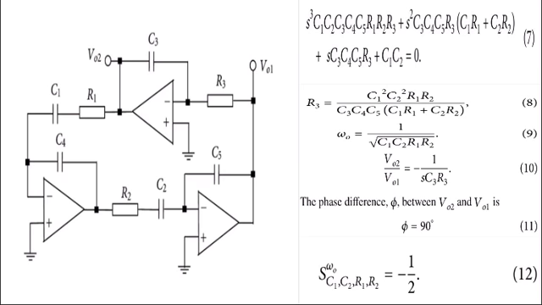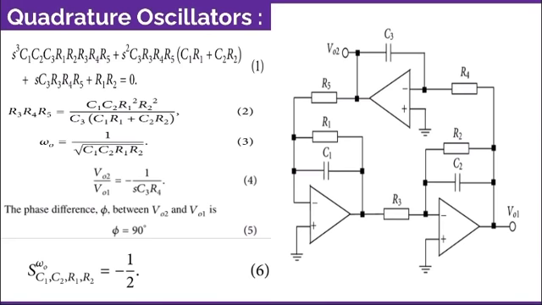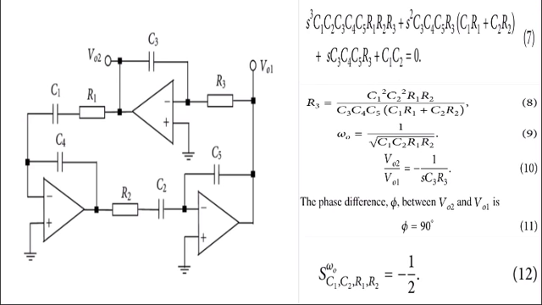By ensuring these two output voltages are in quadrature, and since the output impedance of the operational amplifier is very small, the two output terminals V01 and V02 can be directly connected to the next stage, as we saw in the first diagram. Here the passive sensitivities for this figure are low, as obtained in equation number 12. So this is for the quadrature oscillator with the two diagrams we saw here.